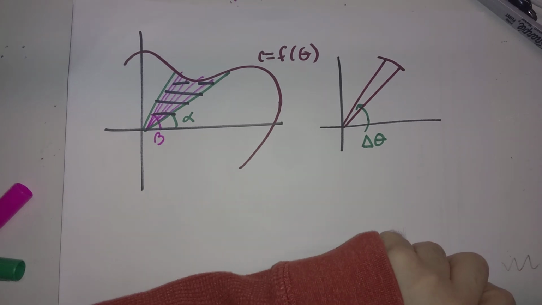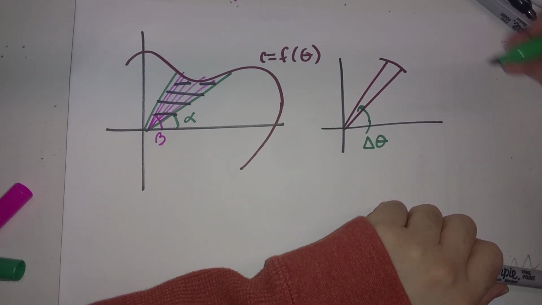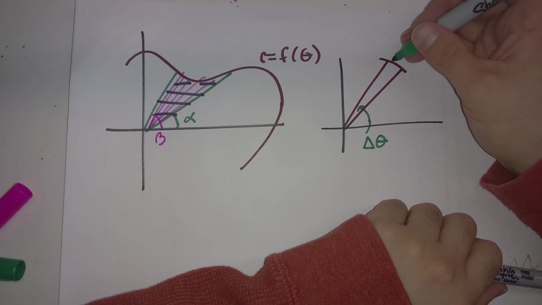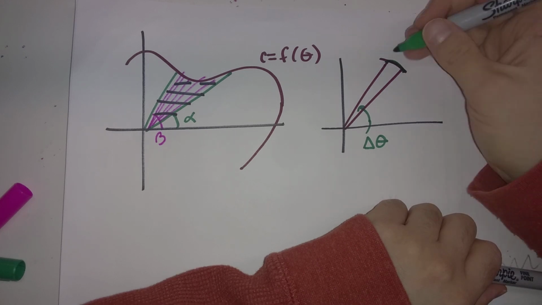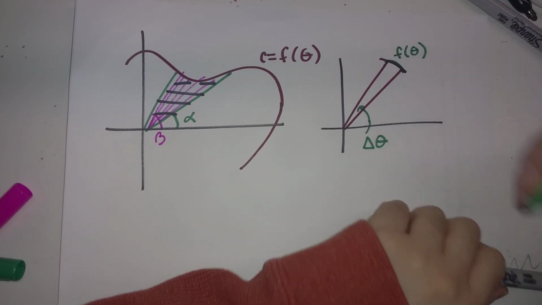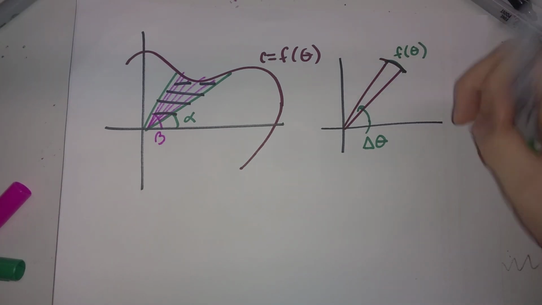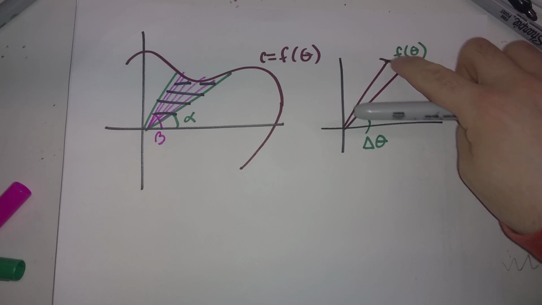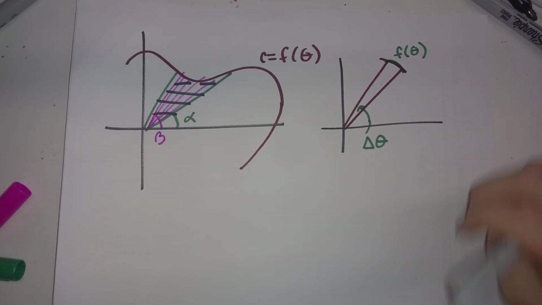So that's what's going on here. And then out here, what is this? This is f of theta. I mean, maybe we're indexing theta sub j or something like that to be formal here. We're approximating the overall function here. The overall radius was just the calculation at a particular point.